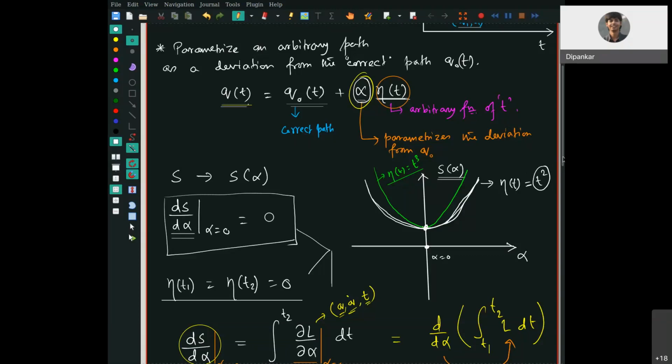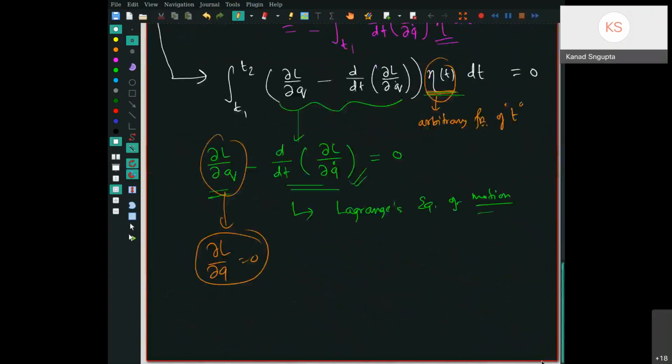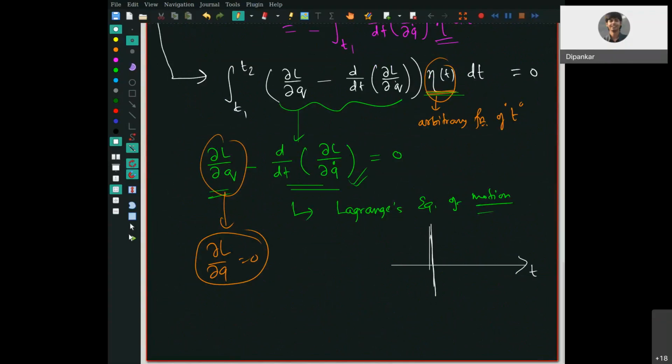Now, the condition you have is that eta t must vanish at the boundaries, at t equals t1 and at t equals t2. So the function you choose for eta t, if I plot it here, t and eta t, what you do is that you shift the origin in a way such that, I don't know how this looks, y equals x square or maybe this.